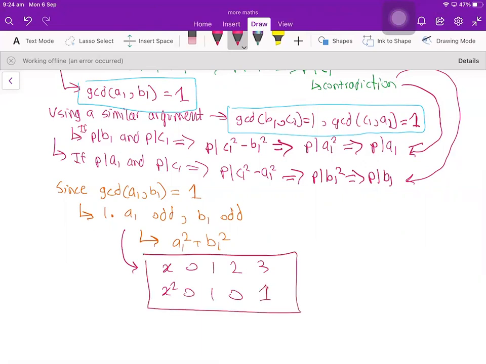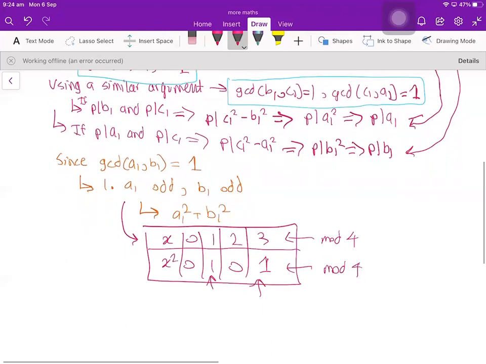This is each of the values in mod 4. And this shows that an odd number is 1 or 3 mod 4, so when you square an odd number, it's 1 mod 4. And also there are no square numbers that are 2 mod 4.